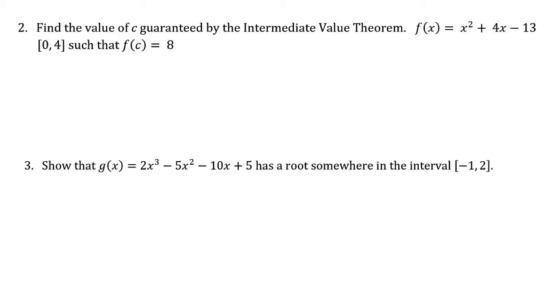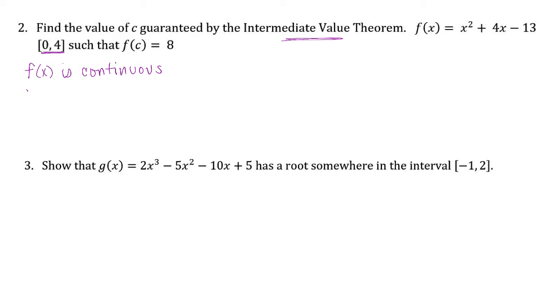Okay, on number 2, we are asked to find the value c guaranteed by the intermediate value theorem over this interval. We do see that f of x is a polynomial, so that means f of x is continuous. And that's always something you need to note.